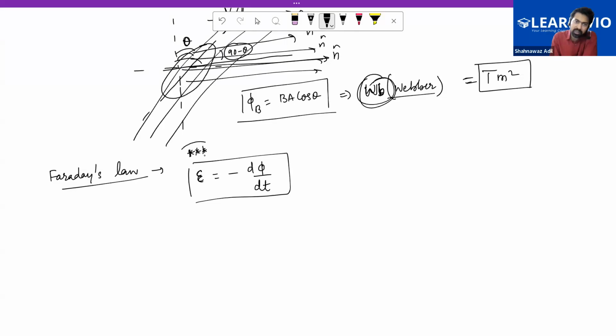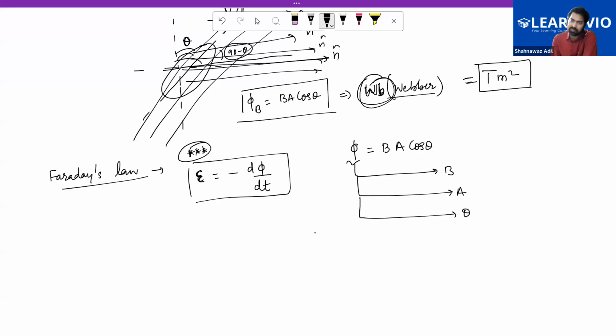And this flux is dependent upon B, A, and cos theta. It depends upon the magnetic field, upon the area, and upon theta.